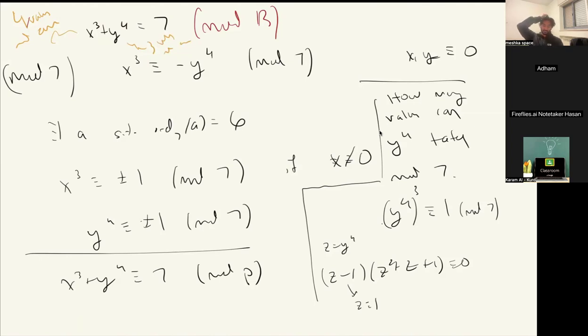When you list them out, you can see that there will be no solution mod 7 or mod 13.